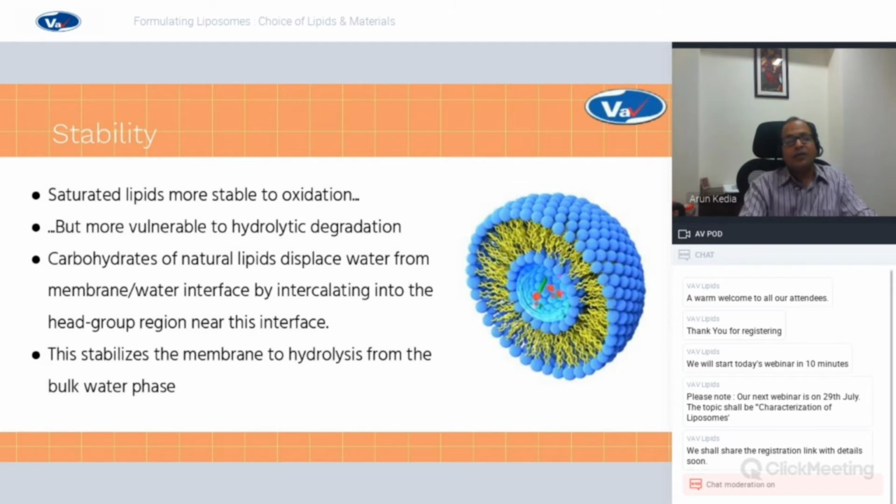And this stabilizes the membrane to hydrolysis from the bulk water phase. Of course, there can be other factors like temperature, pH, acyl chain length, head group, ionic strength, and the strength of aggregation. These will all be factors which can impact hydrolysis.